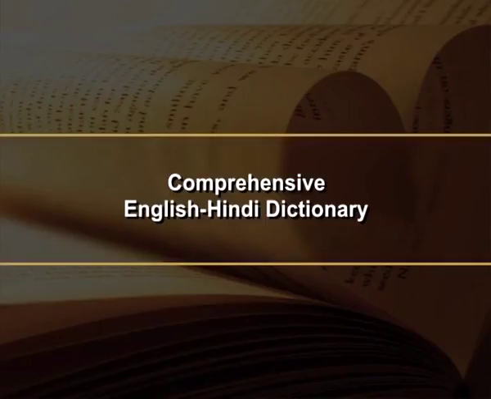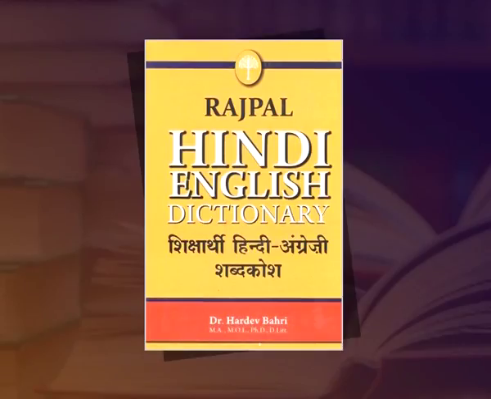Comprehensive English-Hindi Dictionary. It was compiled by Hardev Bahri in 1969, 2 volumes. It consists of more than 1 lakh English words and about 50,000 idioms and phrases. In the second edition, about 30,000 words, idioms and phrases were added. It provides meaning in Hindi and pronunciation of English words in Devanagari script.